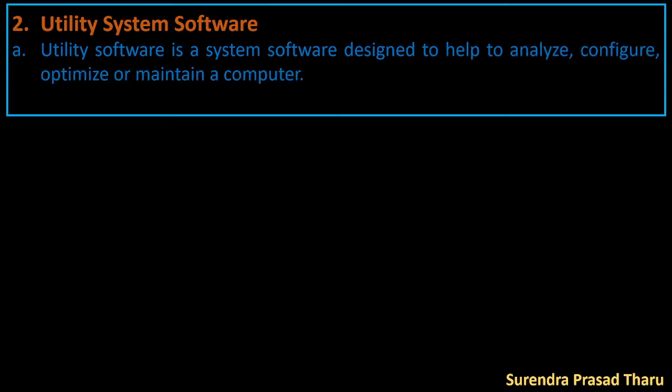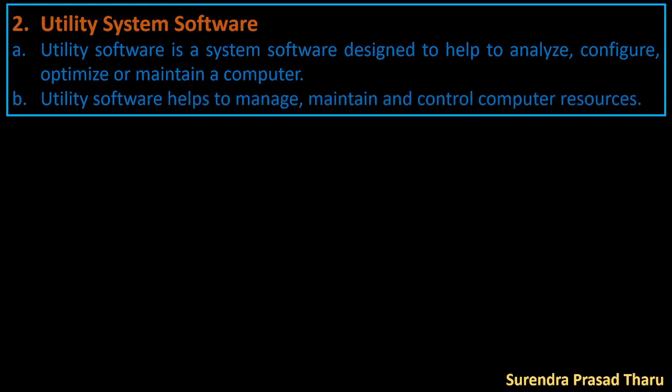So what is utility system software? Utility system software is designed to analyze, configure, optimize and maintain different types of computer hardware and computer functions. For that purpose it is designed.